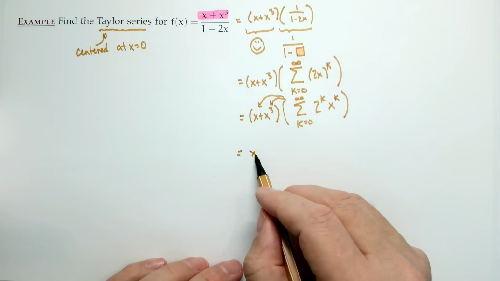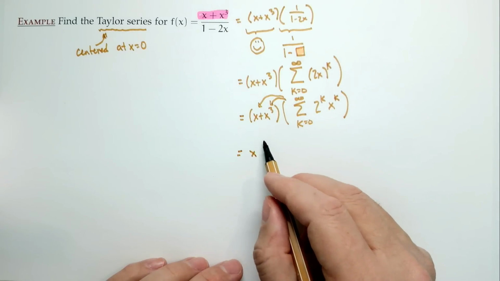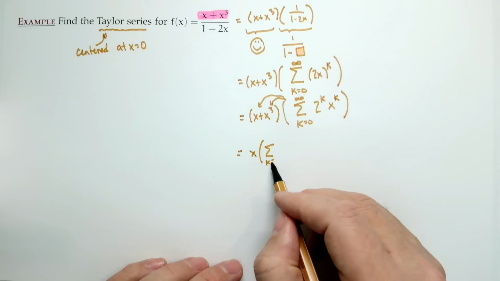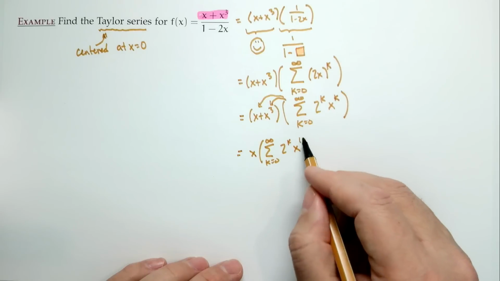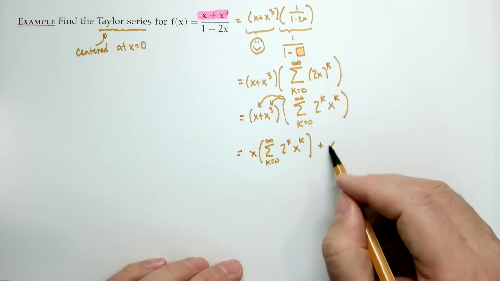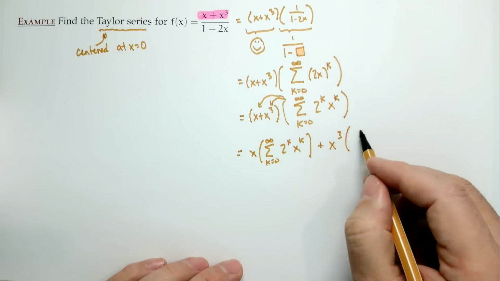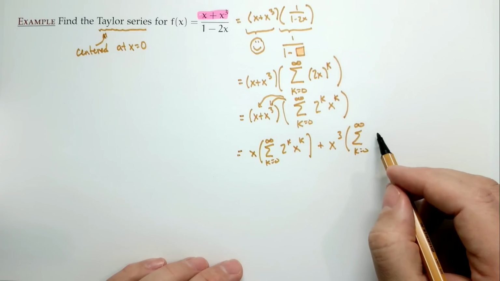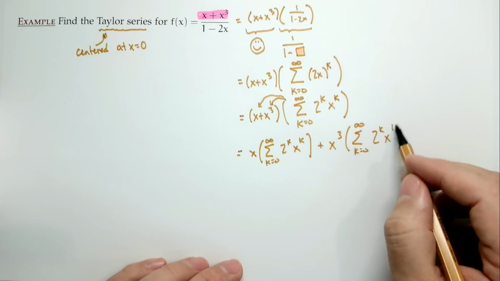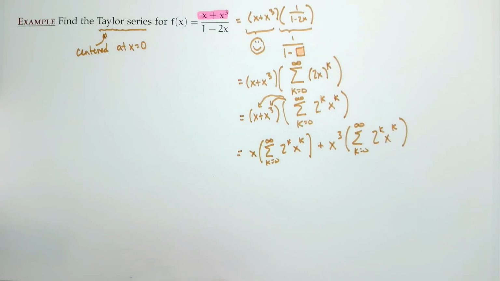So we'll have x times the sum from 0 to infinity of 2 to the k, x to the k, plus x cubed times the sum from 0 to infinity of 2 to the k, x to the k. All right, well that's good.